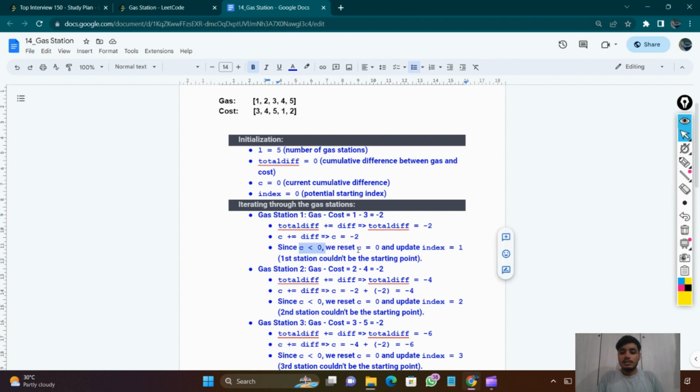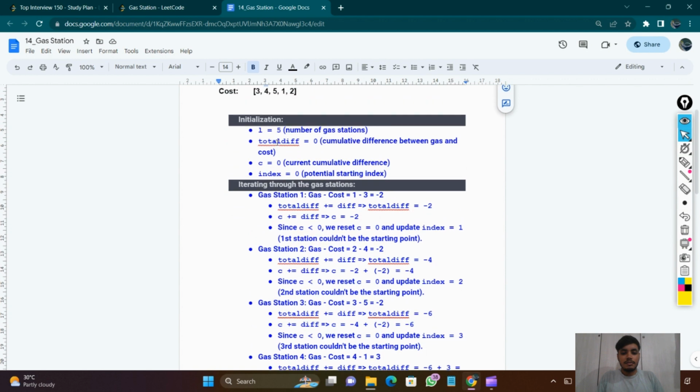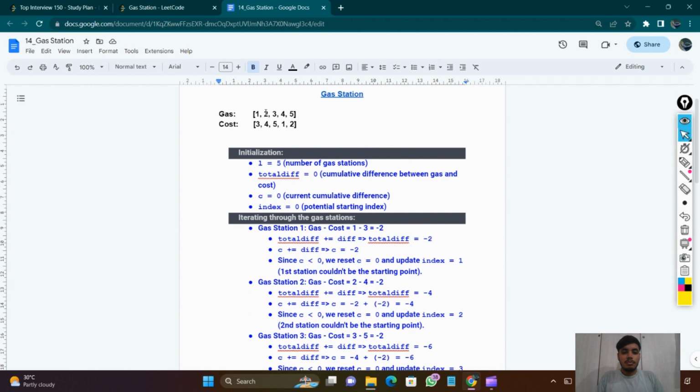Then we reset our C to 0 because we are going to start again, and we update our index to 1 because now we are going to start from the next index, which is the first one. Now in the next, second station, what happens? We have 2 units of gas, and we require 4 units of gas to move to the next station. So this is a similar condition where you have a negative.